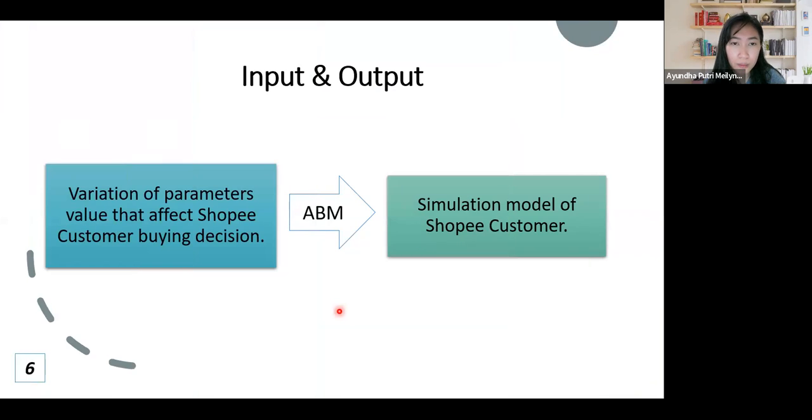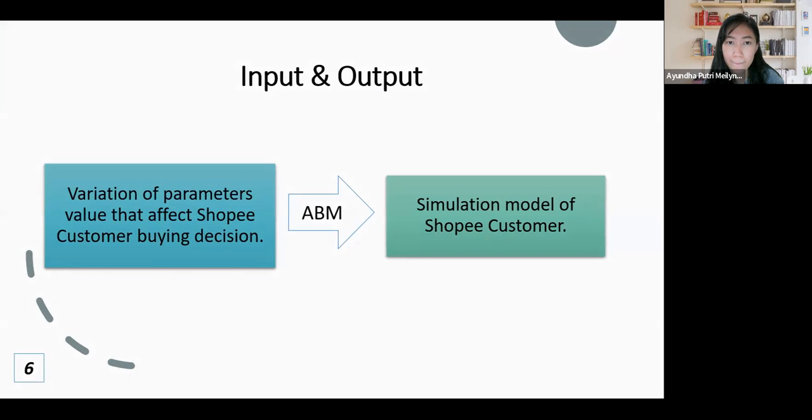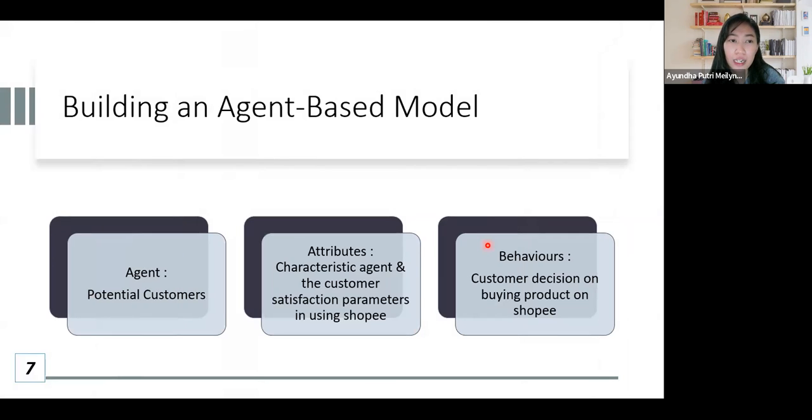The input of this research is the variation of parameter values that affect Shopee customers' buying decisions. With agent-based modeling, we can get the simulation model of Shopee customers. Now we have an agent-based model. The agents of this study are potential customers.